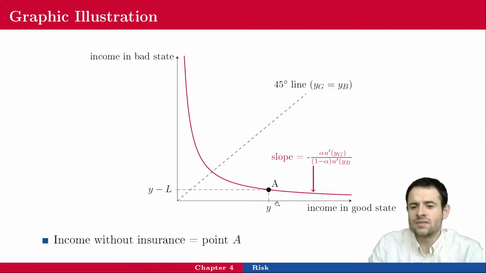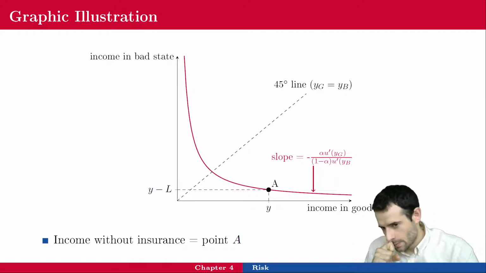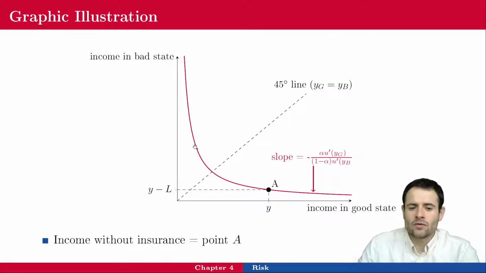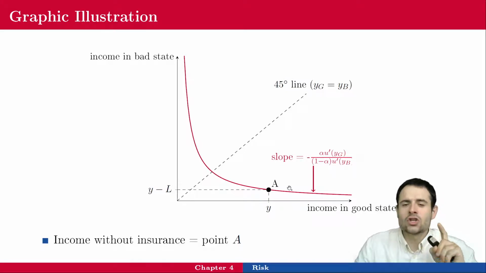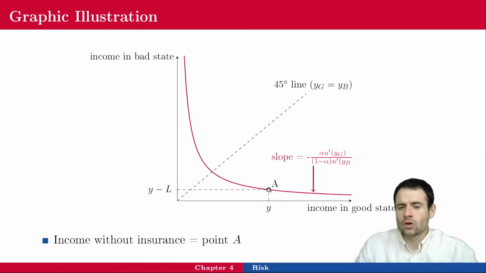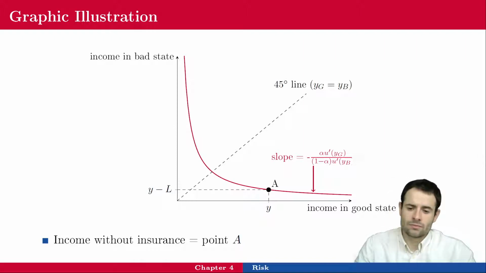It would give the individual the same expected utility. So remember here, this is an indifference curve for expected utility, not just for utility. And point A corresponds to the point where the consumer is at before buying any insurance. And so his expected utility corresponds to this indifference curve, whatever level that is.